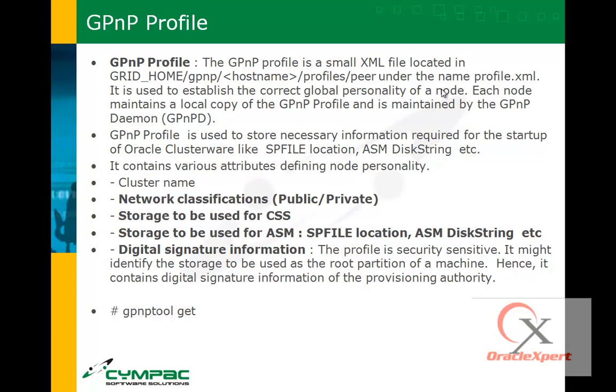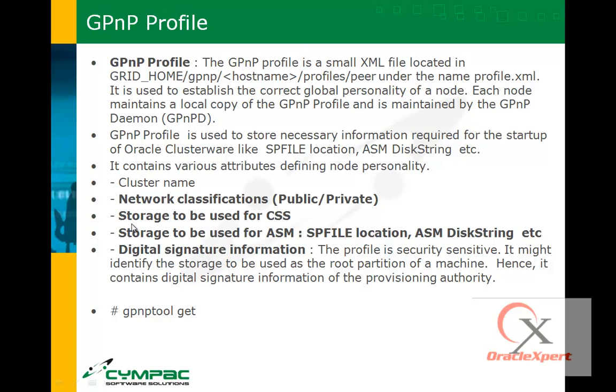GPnP profile is used to store necessary information required for the startup of Oracle clusterware, like SP file location, ASM disk string location, etc. It contains various attributes defining the node's personality, such as cluster name, network classification, like which NIC with which net mask is public, which other NIC with other net mask is a private interconnect or cluster interconnect.